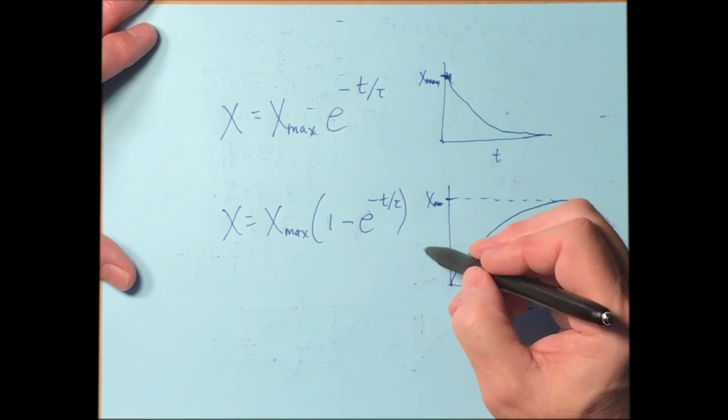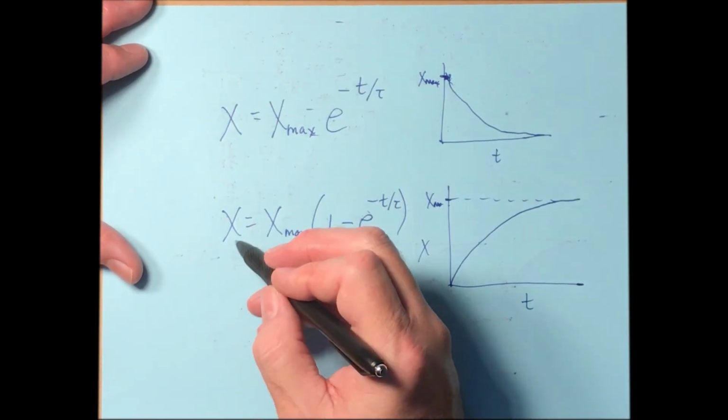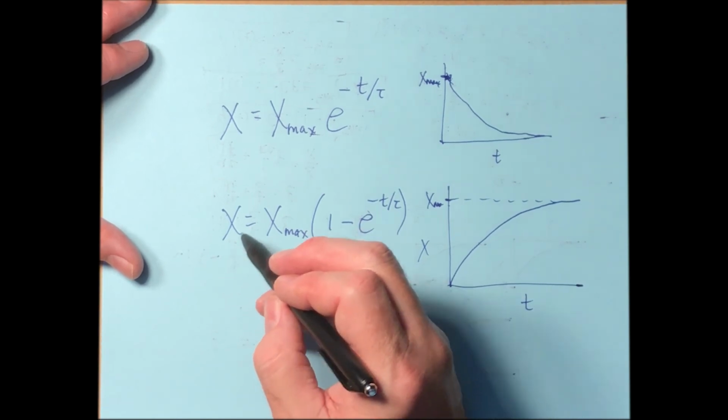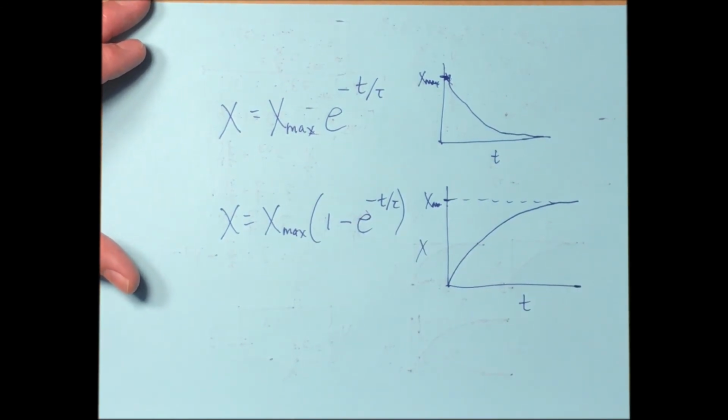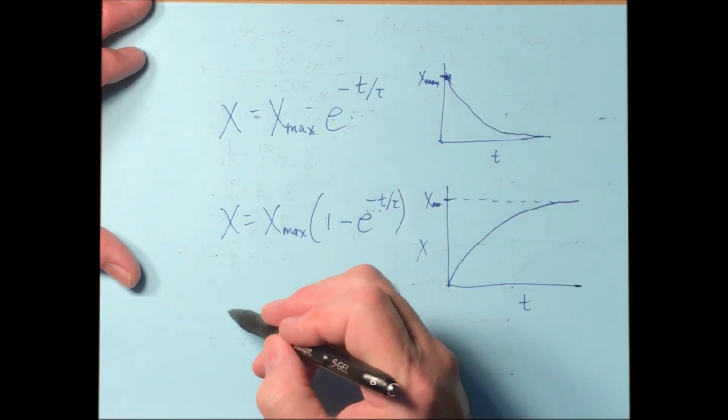So this is time again, and this is whatever x is. Now x here is going to be some current or voltage. It's the current through an element or voltage across an element. But these are the only two possibilities that you have for RC circuits.